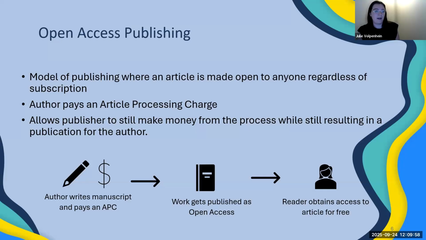There are different types of open access. The issue here is that publishers were able to find a way to monetize the open access process through these APCs, but oftentimes they are very expensive. Different journals charge different amounts, but this has become a bit of a block for authors sometimes who want to make their work openly available.